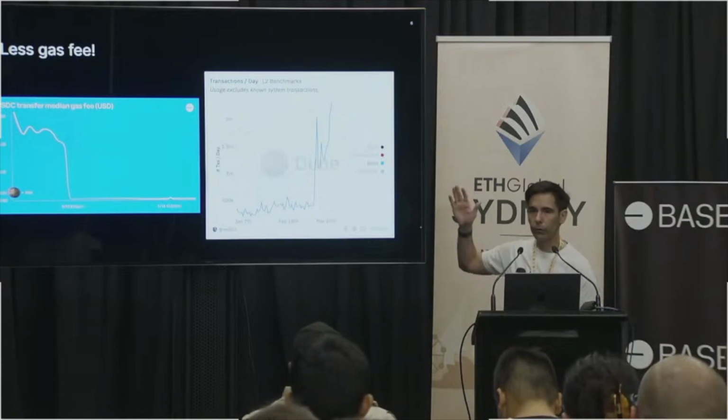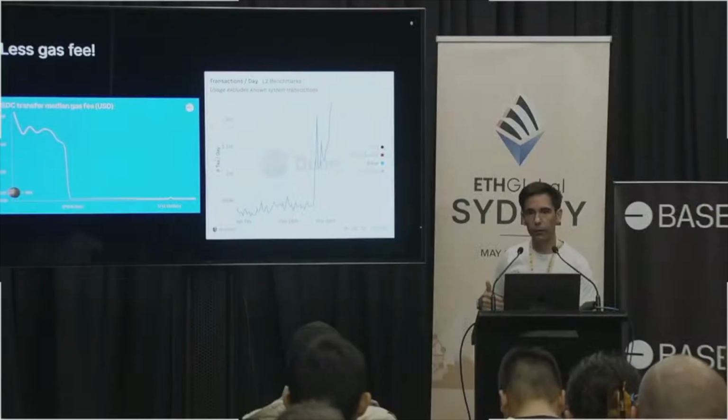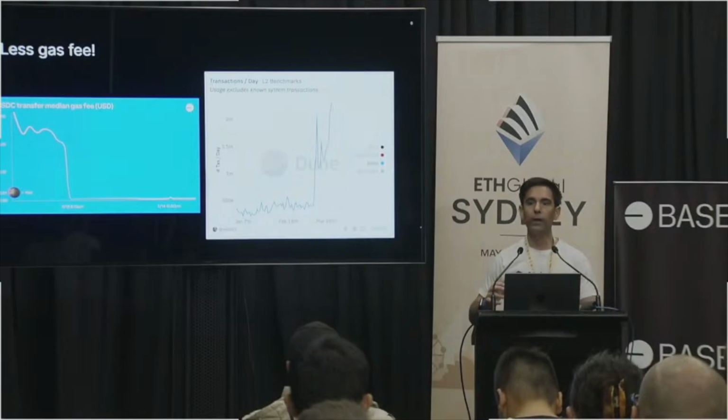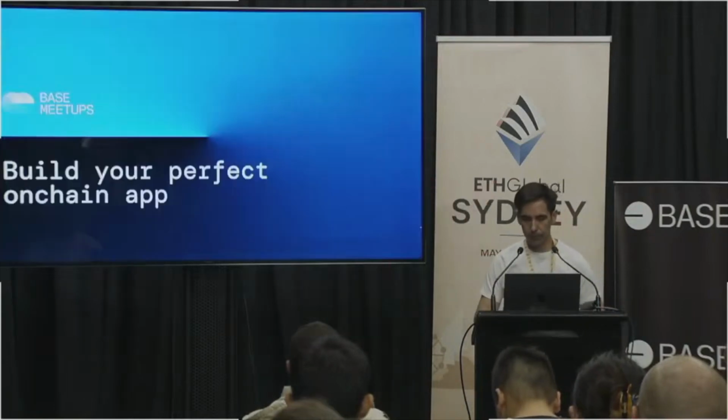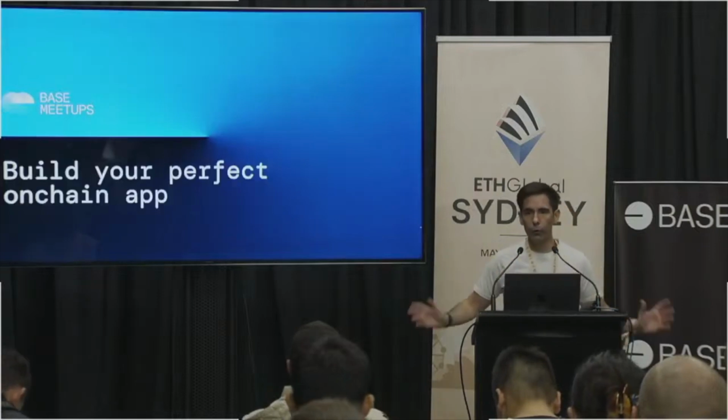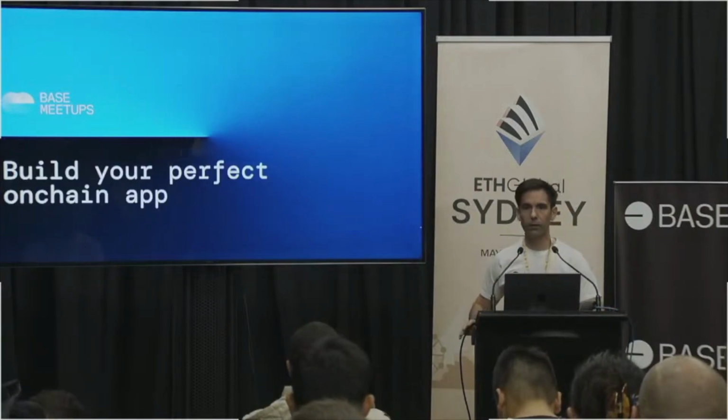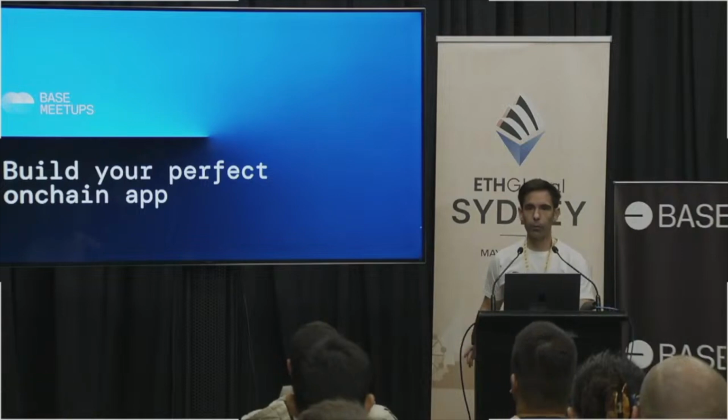We were at a few cents per transaction, and now it is less than 1 cent per transaction. This enables your application for your customers because they pay less per transaction. And of course, the second graph shows the number of transactions that went up at that moment. So that is a very quick overview of Base. Just keep in mind Base is an L2, scalable, fast, and gas efficient.